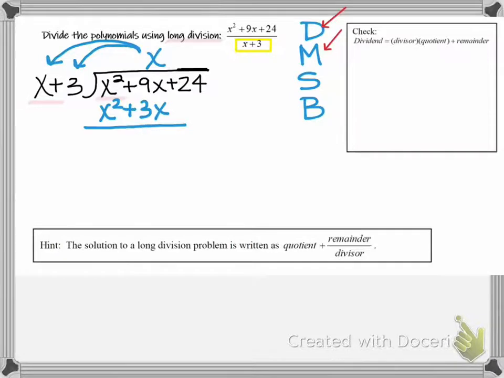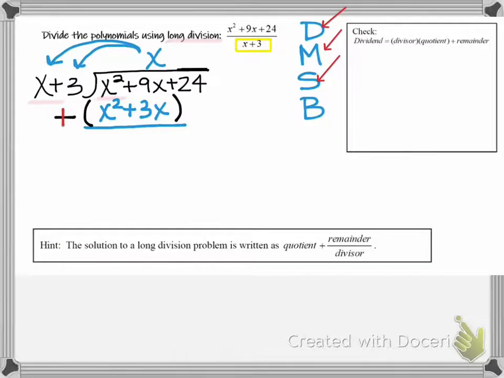That leads me to my next step, which is S for subtract. Now I have the binomial x squared plus 9x from the dividend, and I'm going to subtract the binomial x squared plus 3x. When you subtract, it's important to put parentheses to remember you're subtracting the whole binomial x squared plus 3x. So you have to distribute that negative sign into the parentheses.